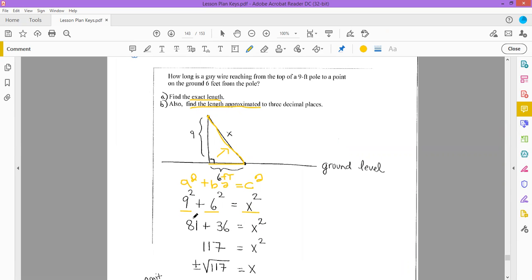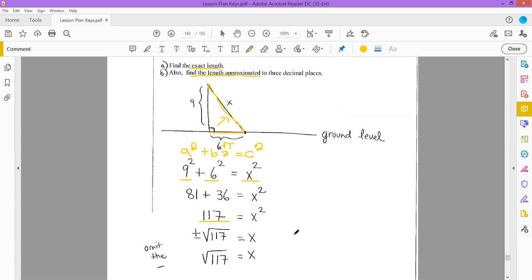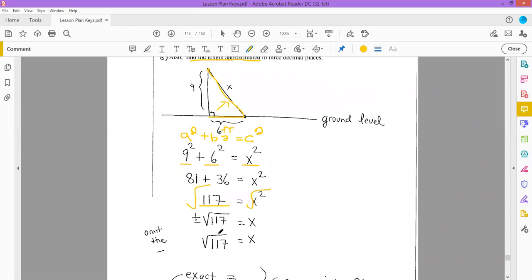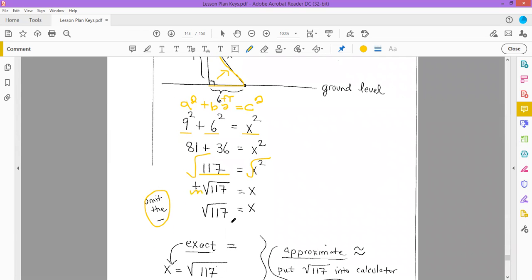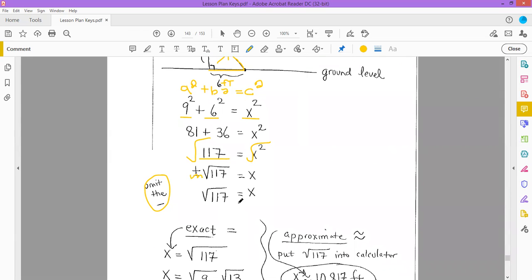So we have 9 squared gives us 81, and 6 squared gives us 36. 81 plus 36 is 117. It equals x squared. Take the square root of both sides of this equation. We'll get x equals plus or minus the square root of 117, but we omit that negative symbol. So we have x equals the square root of 117.